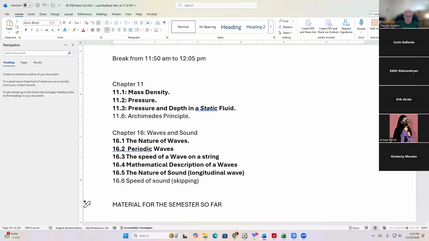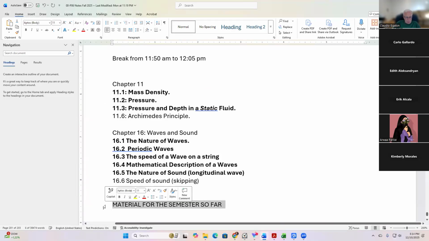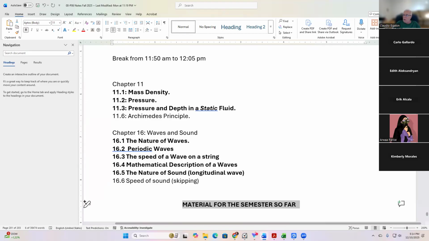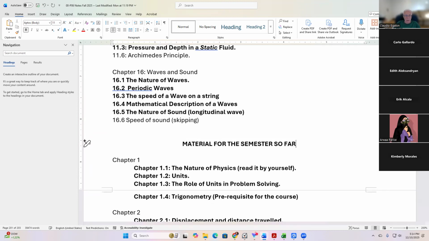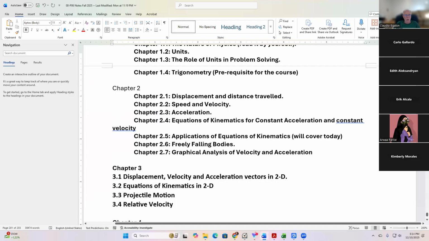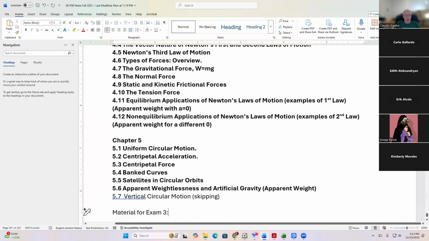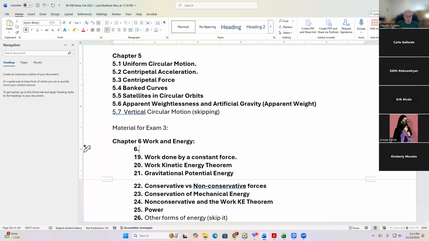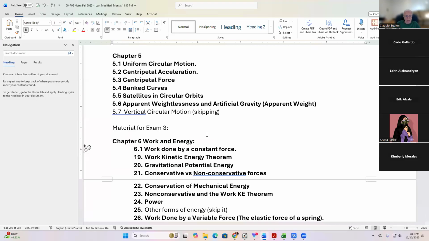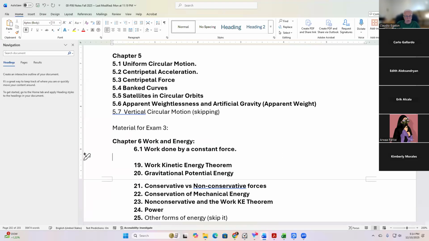So far, hopefully we'll be able to cover something else, one more chapter. Let's see if we can do that. Chapters 1, 2, 3, 4, 5. Let's see how I'm going to do that here. 6.1, can I do that? Let's see if it works.